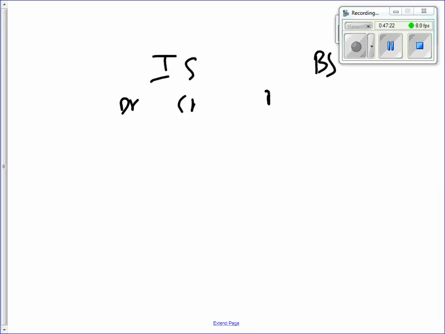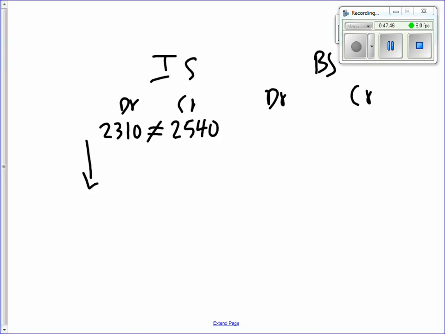Balance sheet, debit, credit. What was the income statement debit before they equaled? Can you give me the number? Does not equal, what was the credit? Okay, those didn't equal, did they? And we know this is revenue, this is an expense. We need them to equal. We need them to be 2540 equals 2540, okay? Hold that thought.